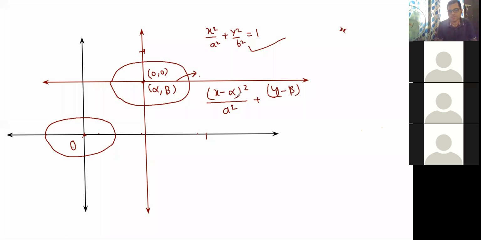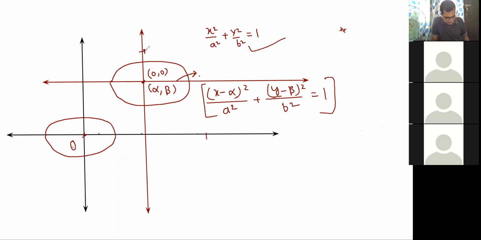X minus alpha whole square upon a square plus y minus beta whole square upon b square, this is equal to 1. Okay, so this is called shifting of the origin. Okay, the only criteria.